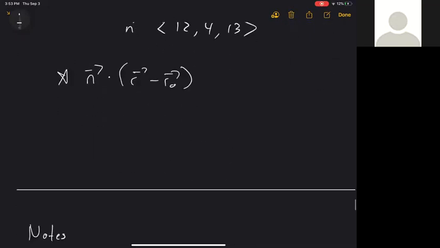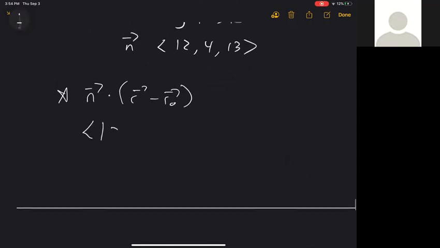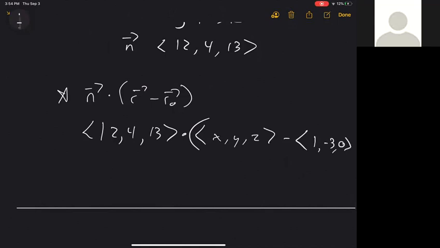So what I should have is n, so my n is 12, 4, 13 dot x, y, z minus 1, -3, 0. There.